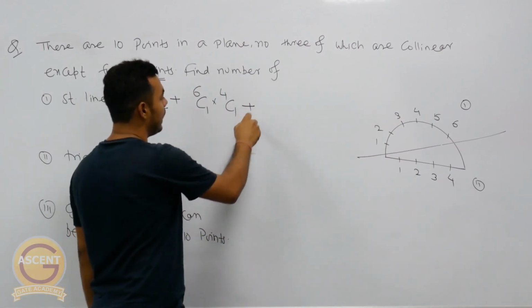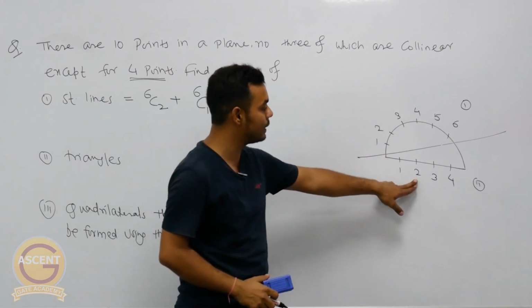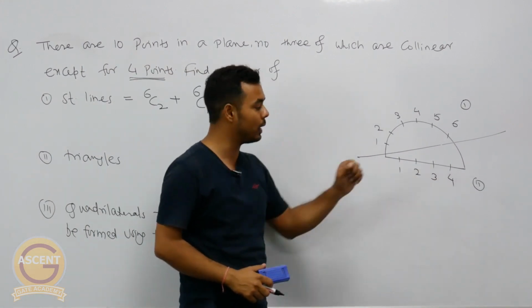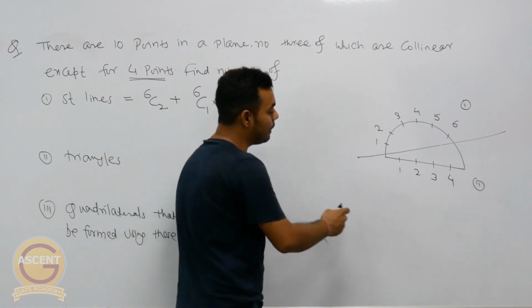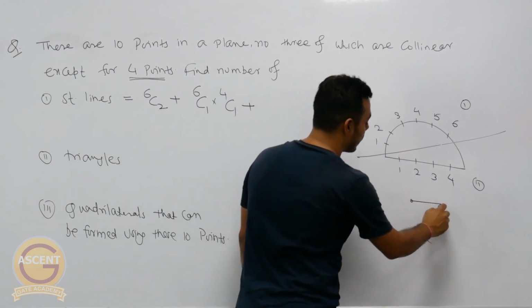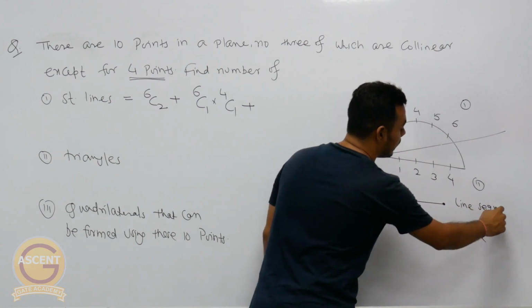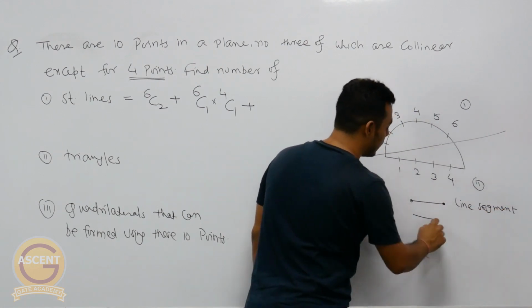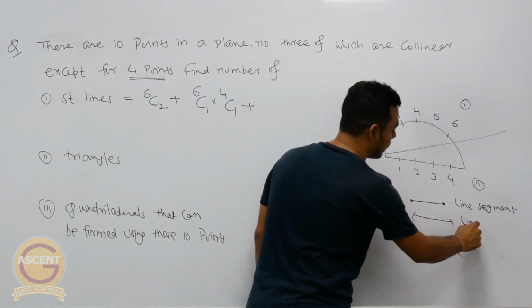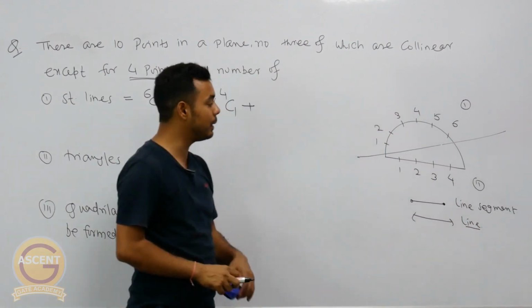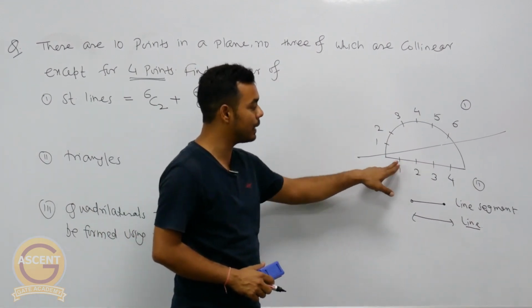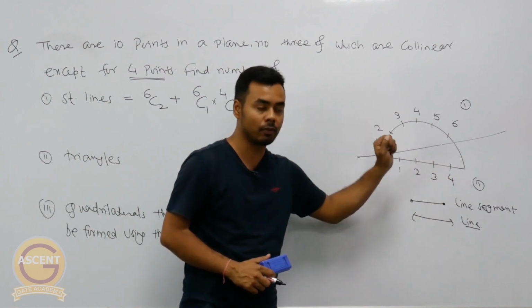And finally, if I select any 2 out of these 4 points, then in that case I will get only one line. See, there is a difference between line and line segment. This is a line, this is a line segment. A line segment has a fixed starting point and end point, but a line extends in both directions up to infinity. So the line 1, 2 is the same as line 1, 3, is the same as line 1, 4, and so on.